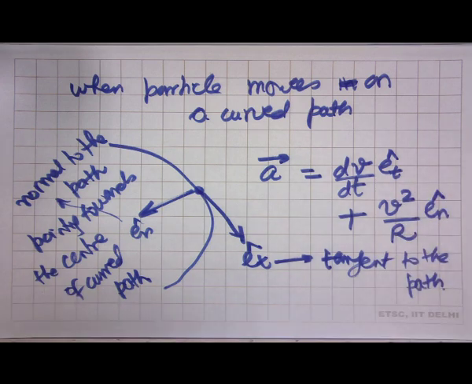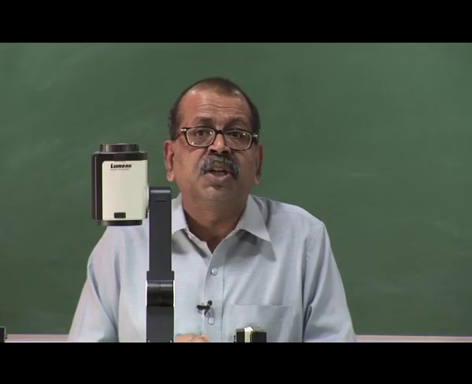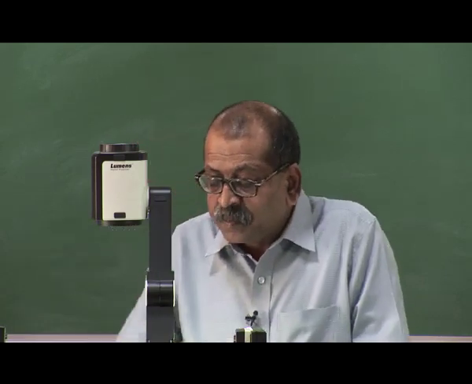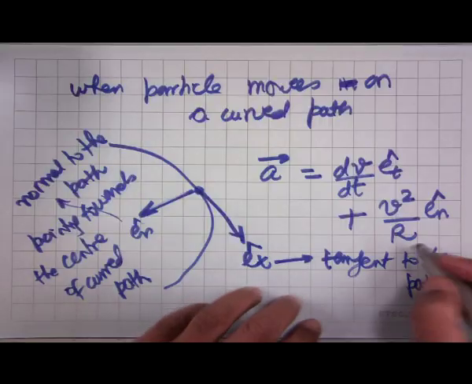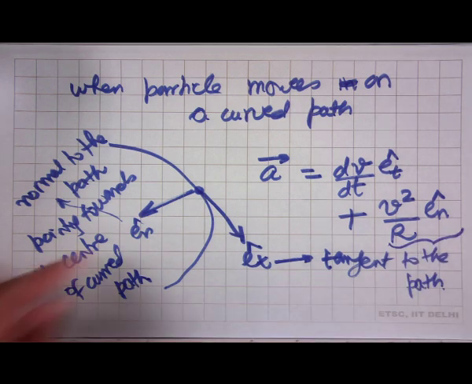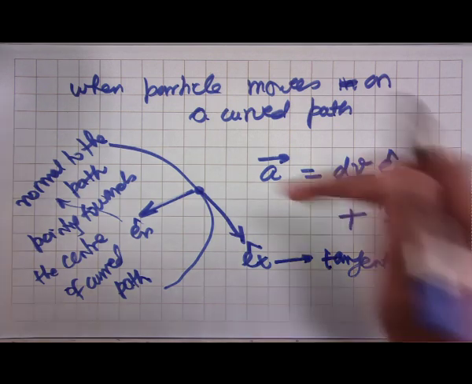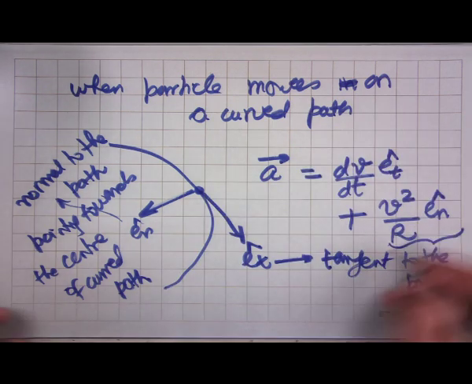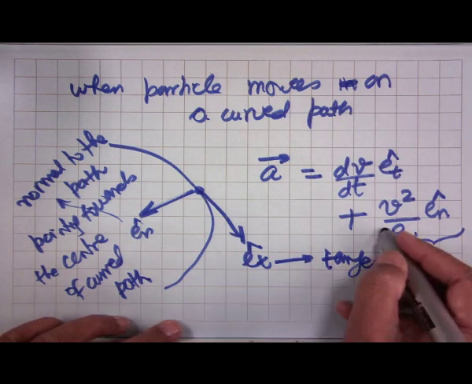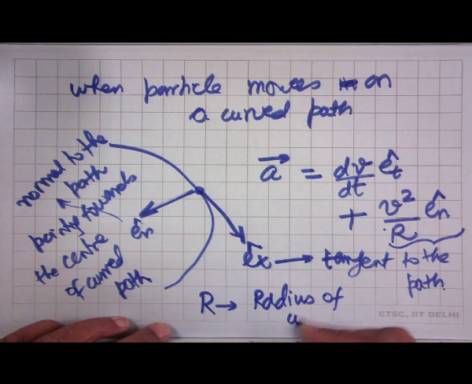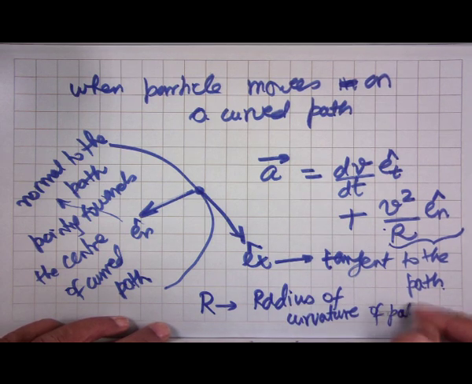But now an additional component of acceleration comes in when the particle is moving on a curved path, and that component of acceleration is perpendicular to the tangent to the path. It points toward the center, and this is given as v square upon r, and if you recall, r is what we call the radius of curvature of the path for a general case.